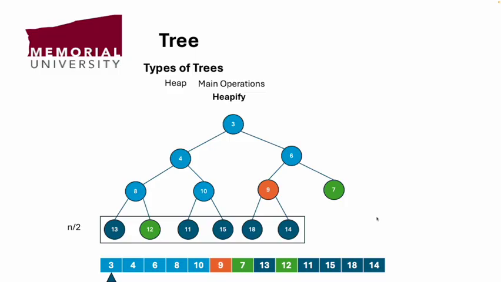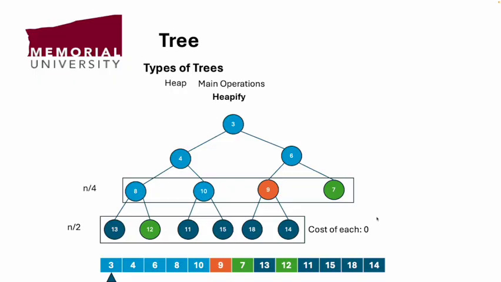Cost is 0 because it's on the lowest level, on the leaf nodes. Okay, what about this level? n divided by 4, right? So what is the cost being implemented at 1?